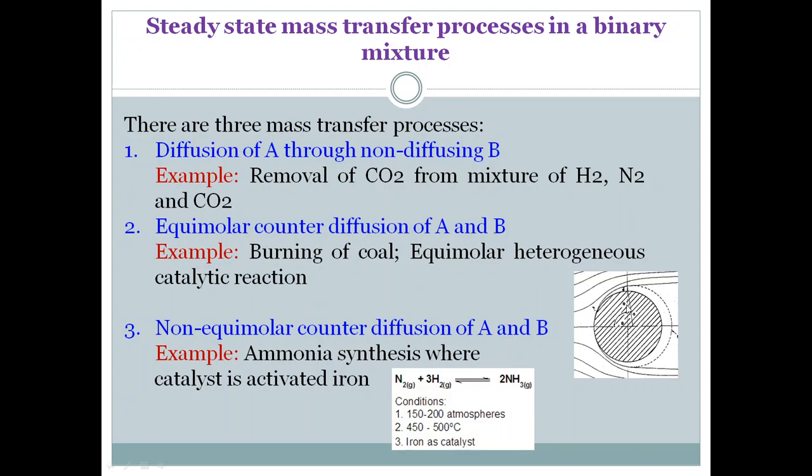So let's say this is one coal particle, and when oxygen is diffusing from air, there will be one hydrodynamic boundary. Oxygen is coming from the gas phase to this interface, and there will be one boundary layer. So here oxygen, A, is coming in this direction.